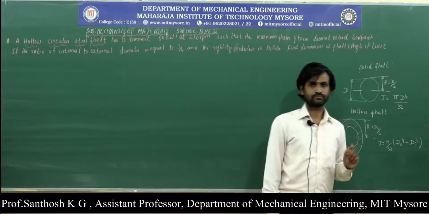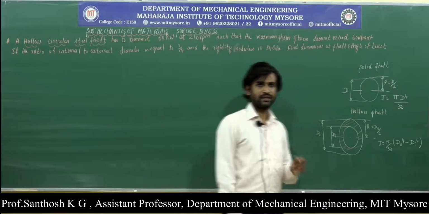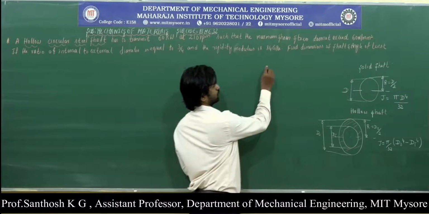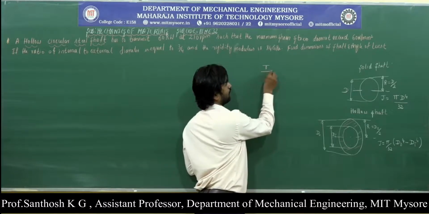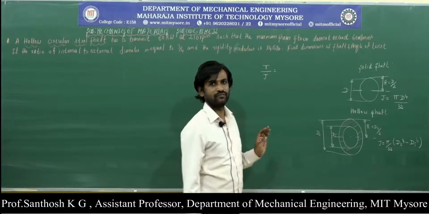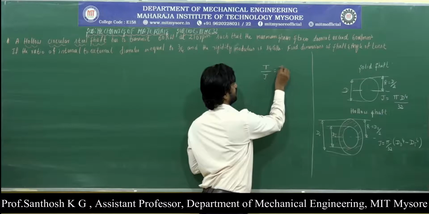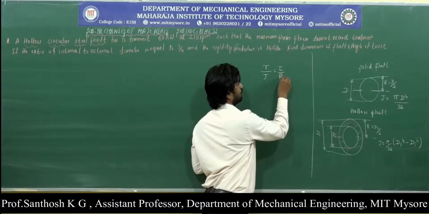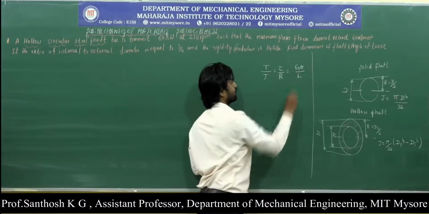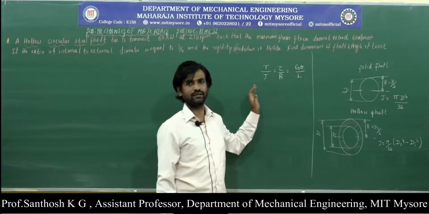And also, while solving the problems in torsion, mainly we will be using two different equations. The first equation we will always use is the torsional equation, which is given by T by J equals tau by R equals G theta divided by L. This is the first equation we will have in torsion.